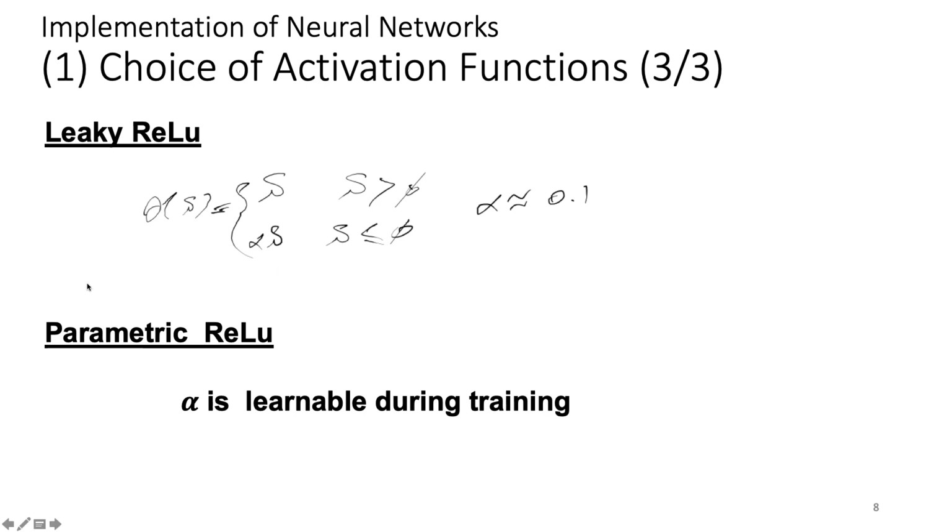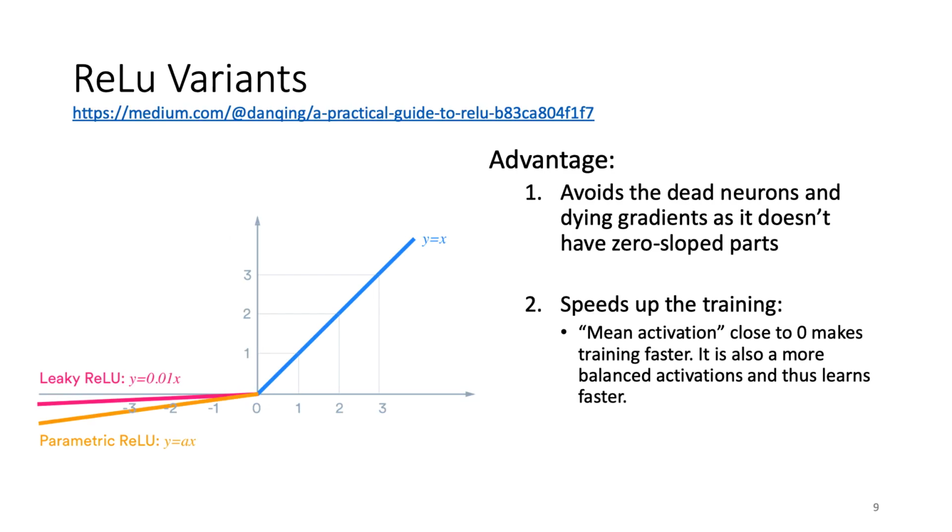As I mentioned, for the parametric ReLU, we can use our training data to cross-validate and come up with the best hyperparameter alpha for that specific network. An example of leaky ReLU or parametric ReLU looks like this.